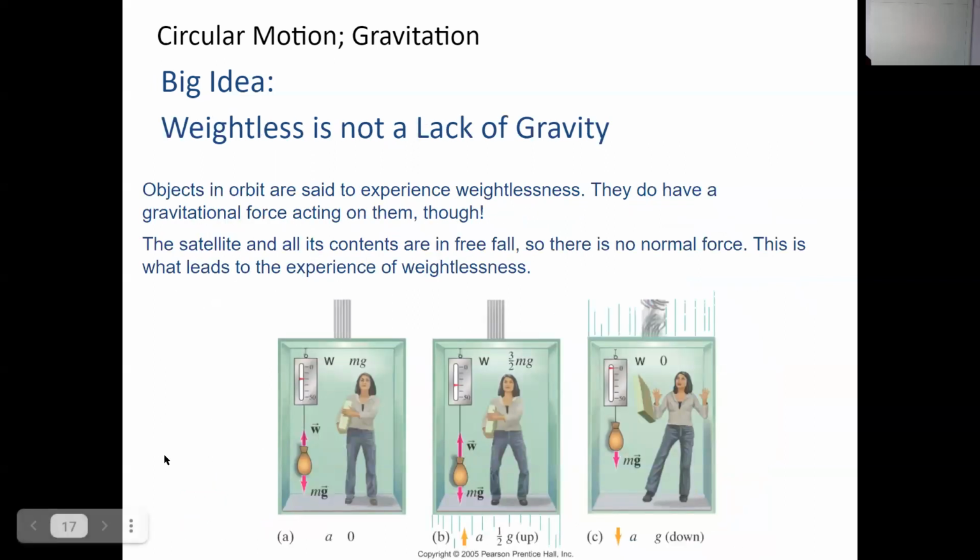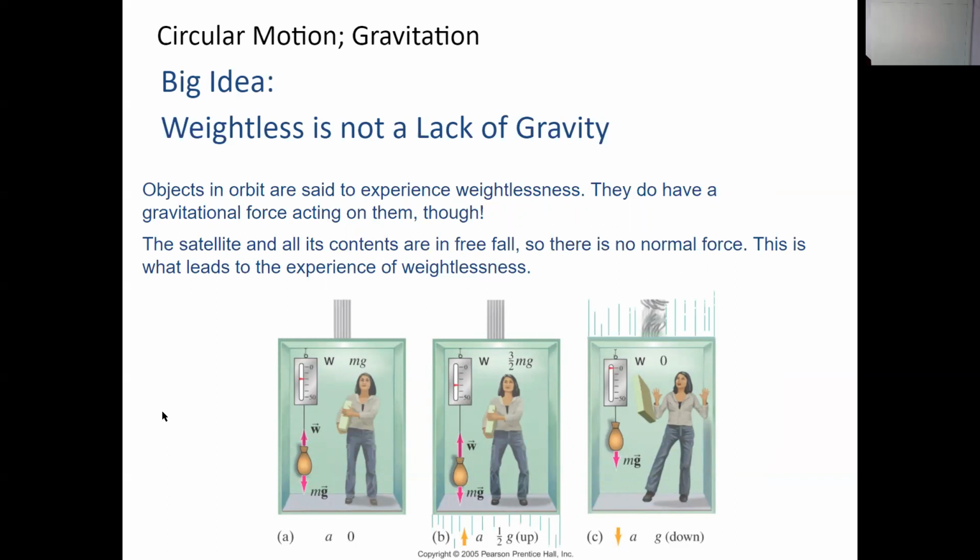And so the ISS people feel weightless because there's no normal force. Gravity would normally be pulling down on you, and the force of the floor would be pushing up, supporting you. So that's what gravity feels like. But gravity is busy just keeping the International Space Station moving in a circle, so it doesn't have anything extra left over to pull you down onto the ground.